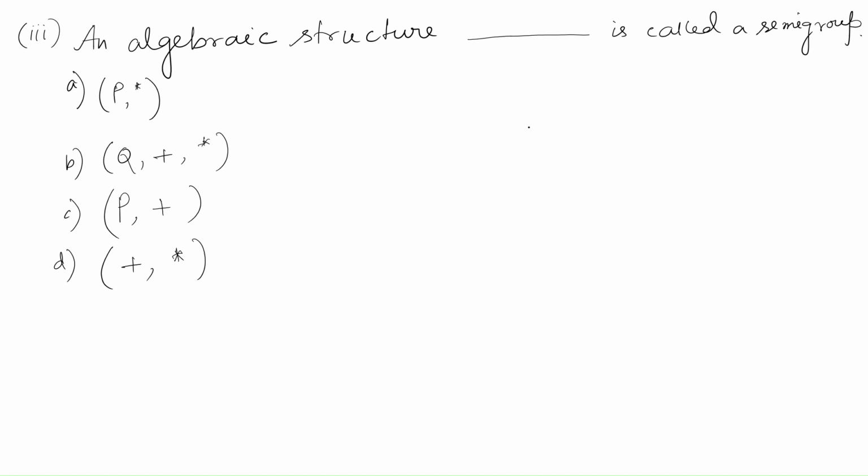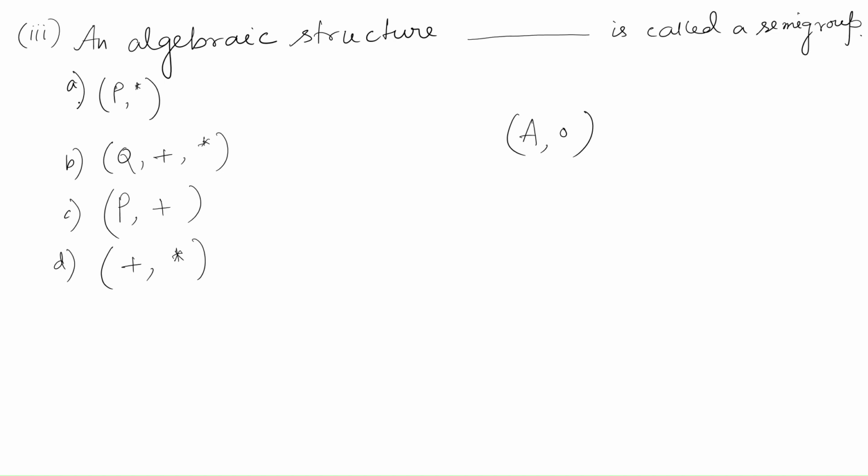We know that to be a semigroup, any non-empty set A, say, with the binary operation, say not, should satisfy two properties. Number one is closure property, number two is associative property under the binary operation not. But here there is no non-empty set, so option D is not the correct answer.